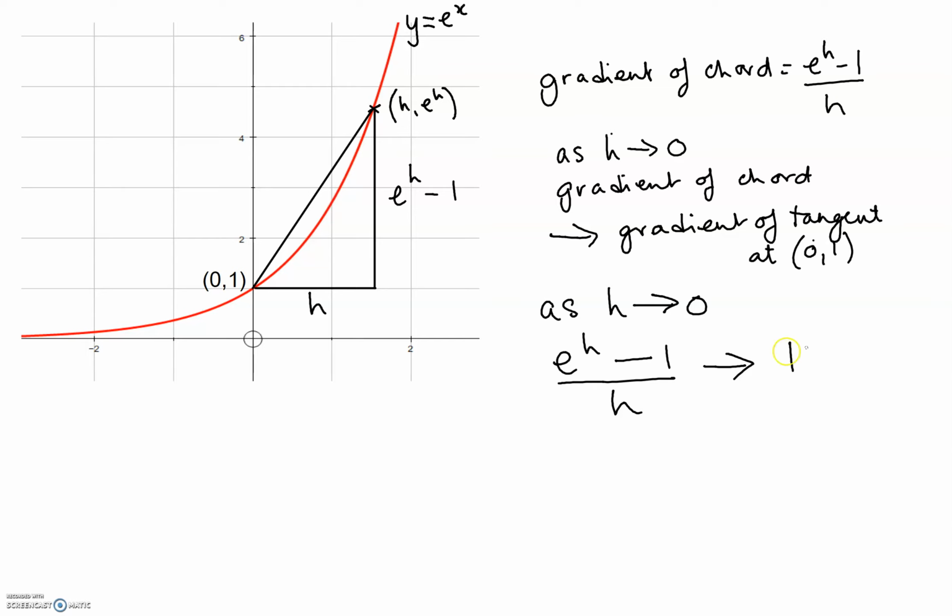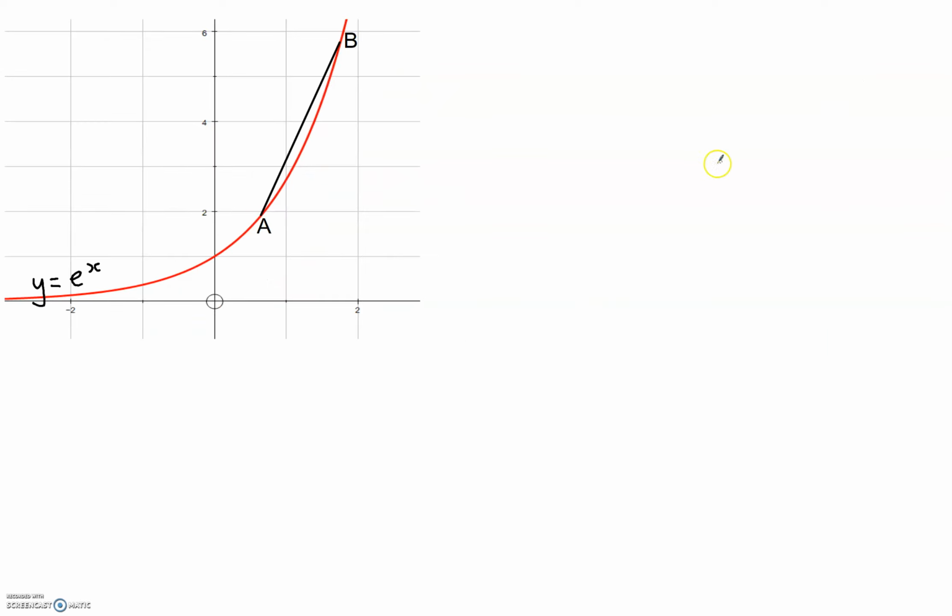Okay, so we're now going to move across, and we're going to look at a more general term. So we've now got a chord AB. We're going to have that the coordinates at A are x, e to the x, and that the coordinates at B are x plus h, e to the x plus h.